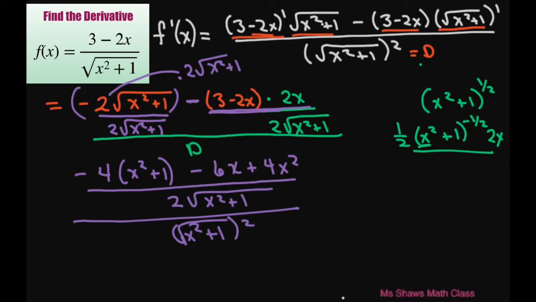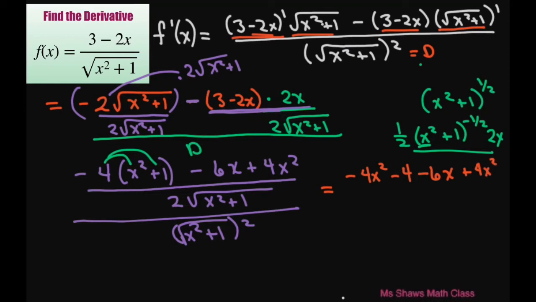All right, so let's simplify this. We're going to distribute this. So we're going to get negative 4x squared minus 4 minus 6x plus 4x squared.